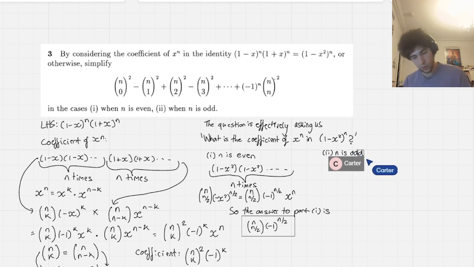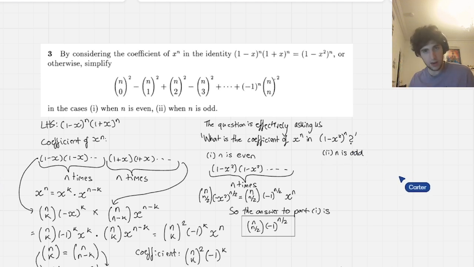Well, think about this. Can we even get x to the n if n is odd? Remember, when we say n is odd, we're always talking about positive integers, like 1, 3, 5, 7, 9.